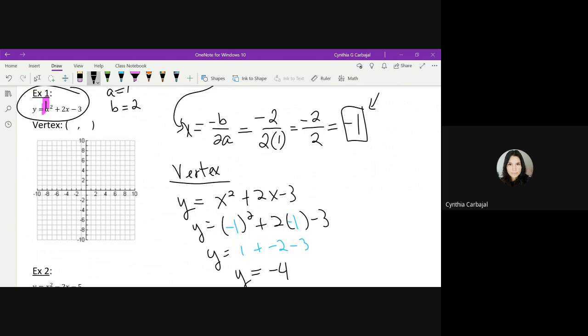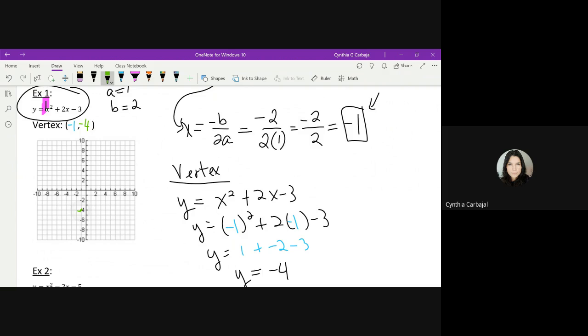So here our x value was -1, and then our y value is going to be -4. So if I wanted to graph this, we're going to go -1, -4. Okay, and I just realized it is the same problem that we had on the other one.